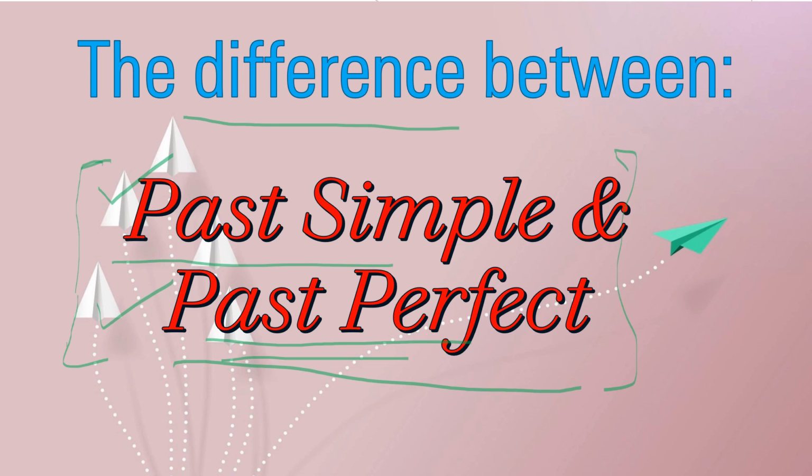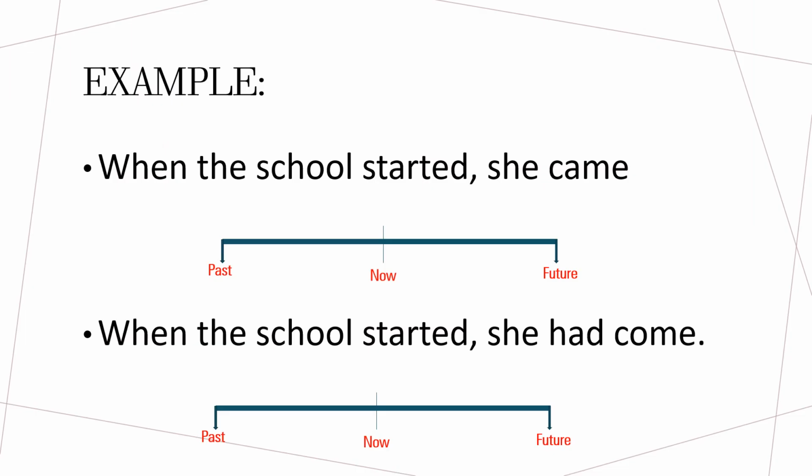So let's start. Now let's look at two examples. The first one: when the school started, she came. We are talking about two events that happened in the past. But which event happened first? This one.